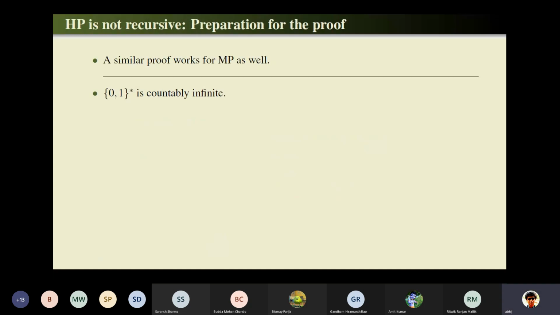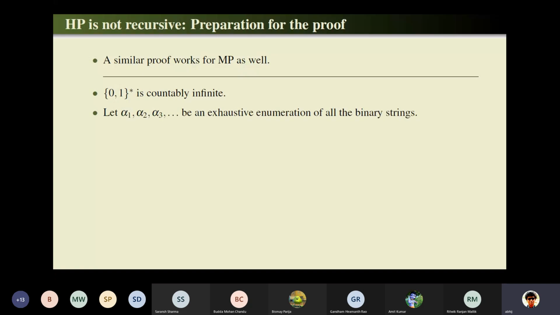Now comes the encoding issues. We have encoded Turing machines as binary strings, that is, strings over 0, 1. And the set of all such strings, that is, {0,1}*, we know to be countable. Therefore, I can make an exhaustive listing of all these strings in {0,1}*. What that listing exactly is not very important.